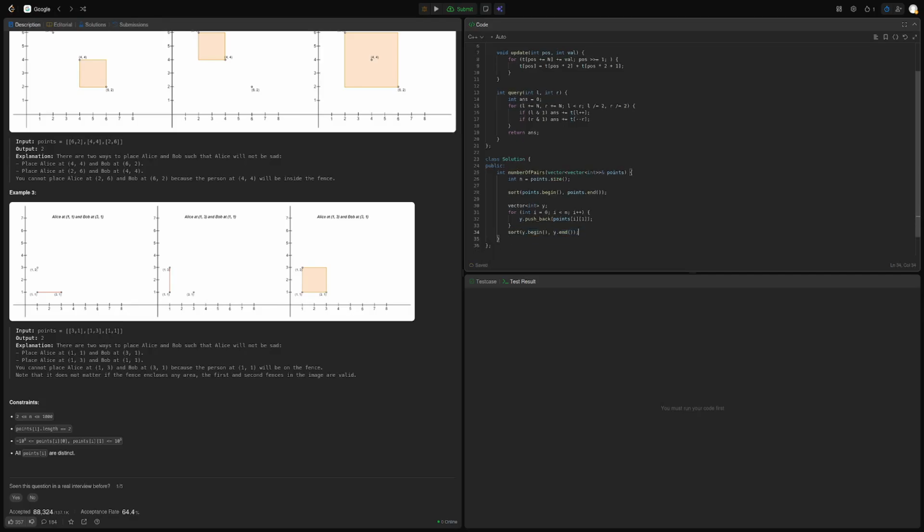So I sort and then I unique, y begin, y end, or is it like y resize, unique, y begin, y end. Like that, maybe. I have no clue what I'm doing.